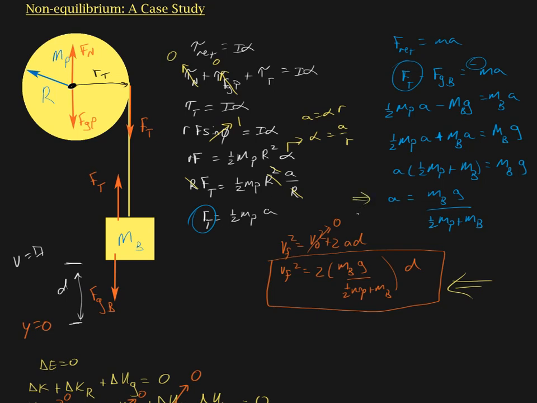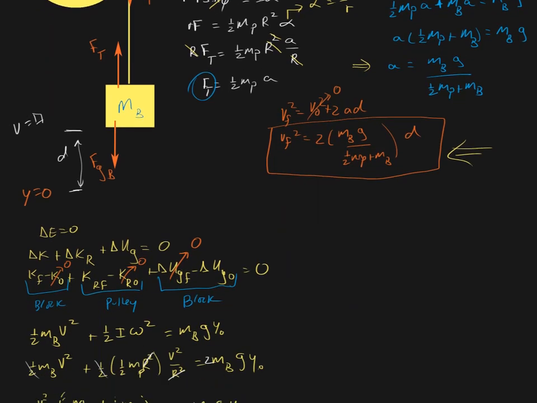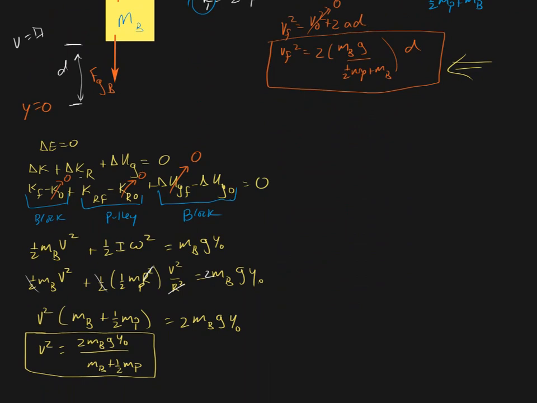Remember, that's what we did here. But if you're really uncomfortable with Newton's second law, guess what? You can come down here. You can determine the velocity using energy. And then from energy, you can use your kinematics equations to come up with the acceleration.